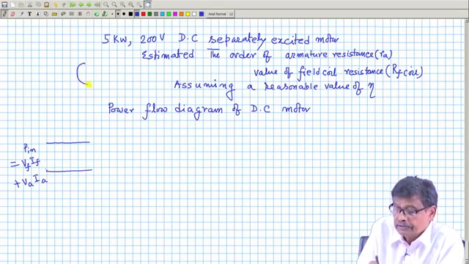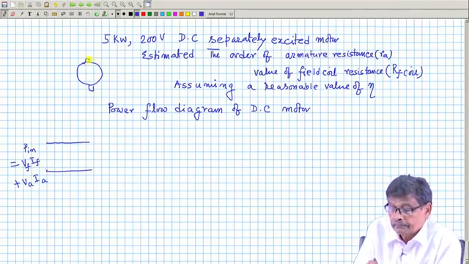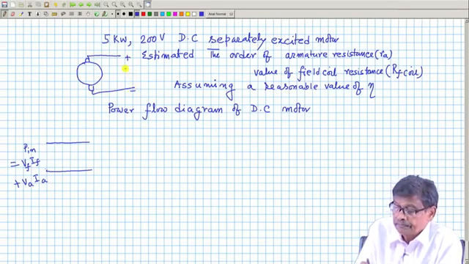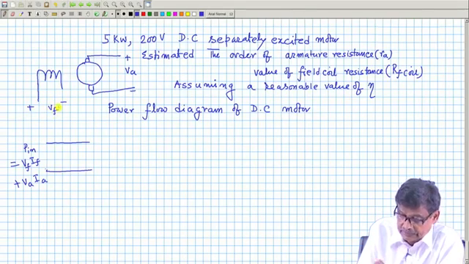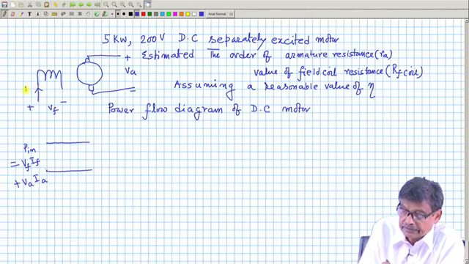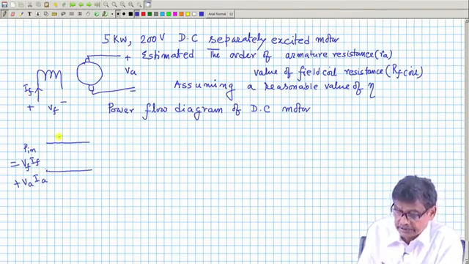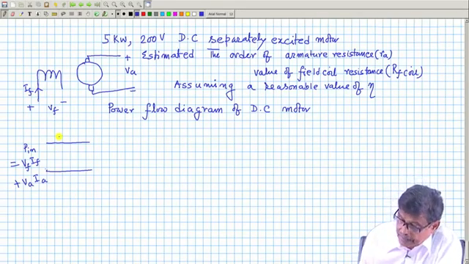Mind you, this is the circuit diagram. This is V A, and this is V F and this is I F. This is the total electrical input to the system.